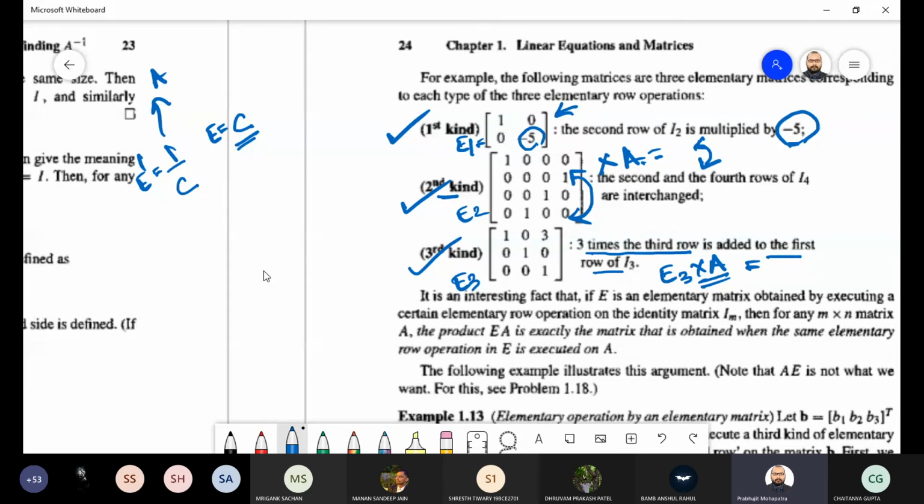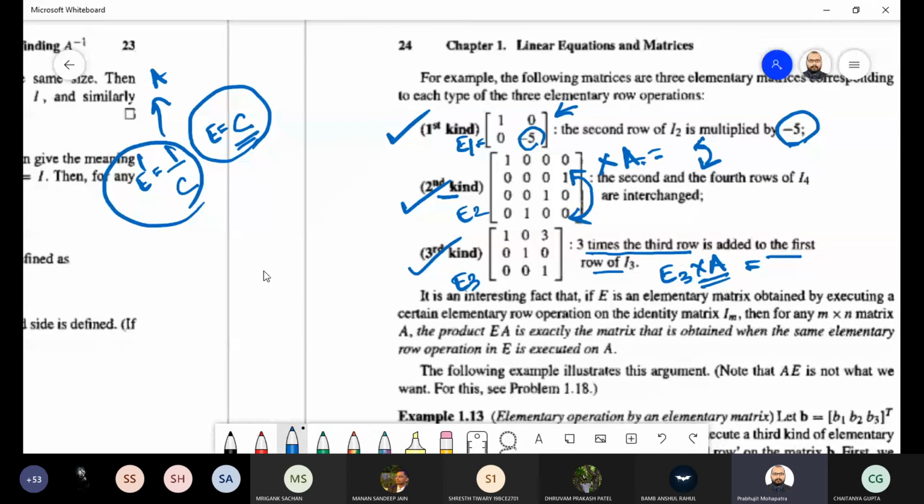I mentioned it at the beginning of the class. You remember or not? When we were discussing the row operation, I always said, whatever operation you are doing, if you want to revert back, you can come back also. So if you multiply C with any row, if you want to revert back, then you multiply with 1 by C. That is possible. You can get your original matrix.